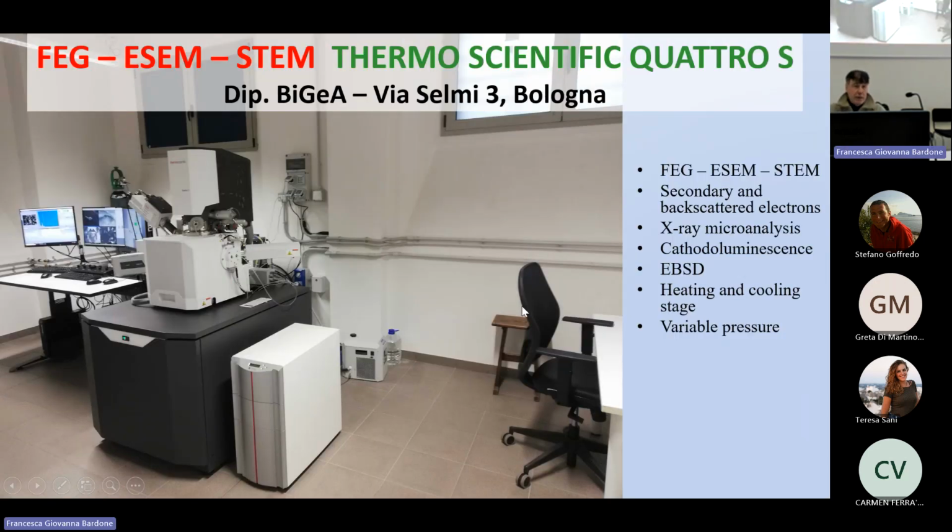So we start with the scanning electron microscope. This is the instrument. You see there is a big chamber here, a huge chamber. We can allocate objects 10 centimeters in size, on average. Around this big chamber, there are a lot of different types of detectors.